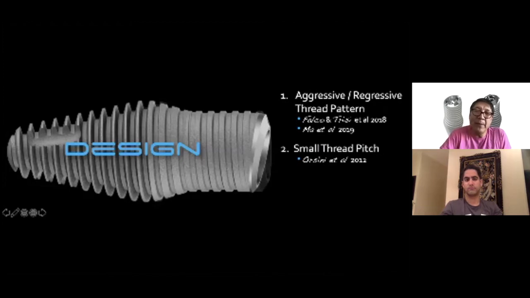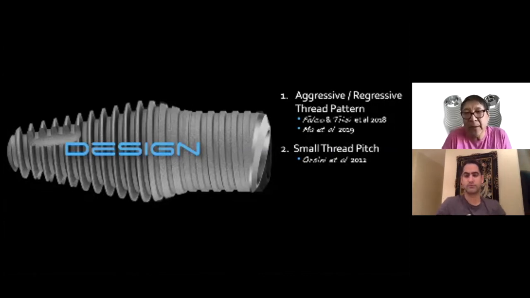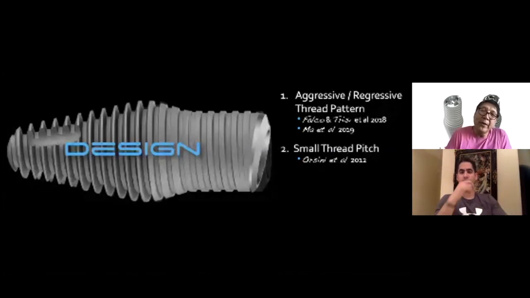There's a great paper by Orsini that showed whether it is better to have threads that are spread out or threads that are compact. And what Orsini showed is that the more compact the threads are, really the correct number is about a half a millimeter. The more that you have threads contacting bone, the better it enhances primary stability.